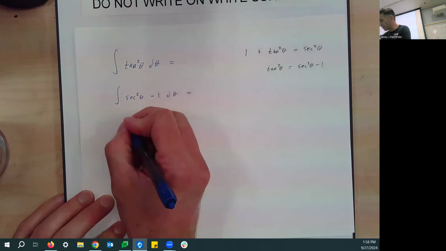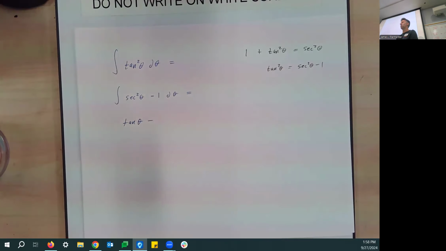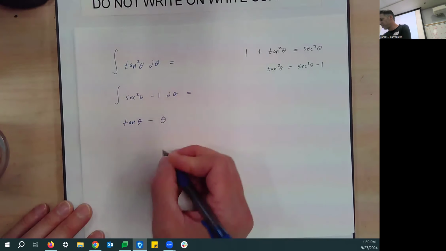So we're going to get tangent of theta. What's the antiderivative of 1? I want the antiderivative of 1. What variable has a derivative that's equal to 1? X, or in this case, theta, plus c.